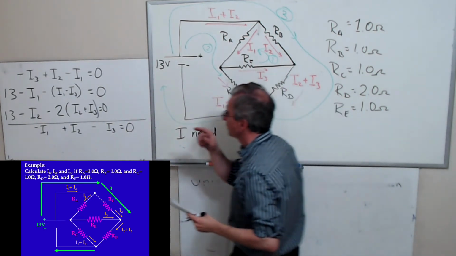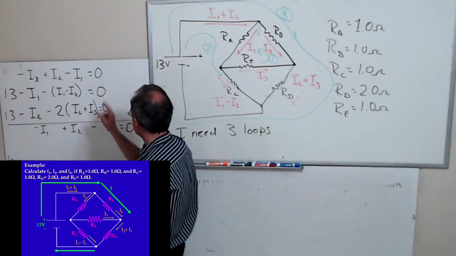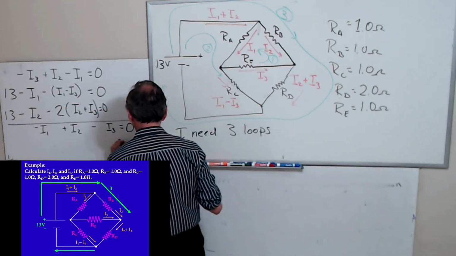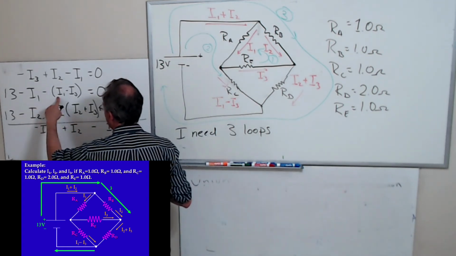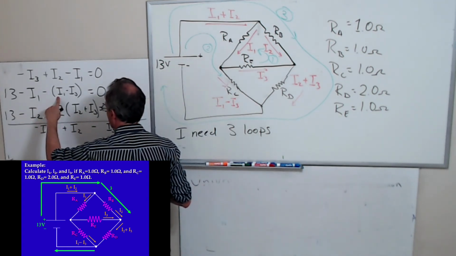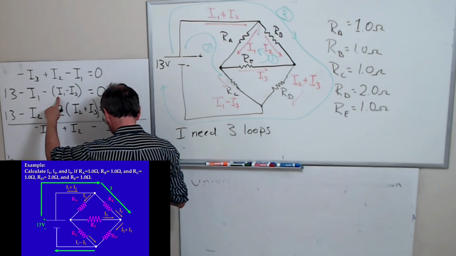I'm going to move this to the other side of the equation. And then how many I1s do I have here? 2. 2 of them?